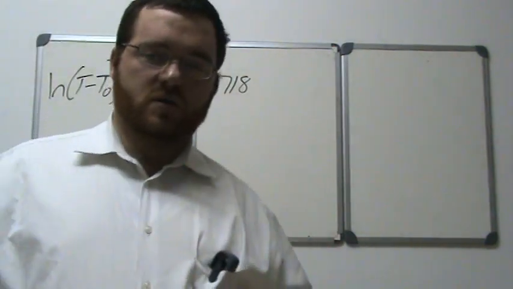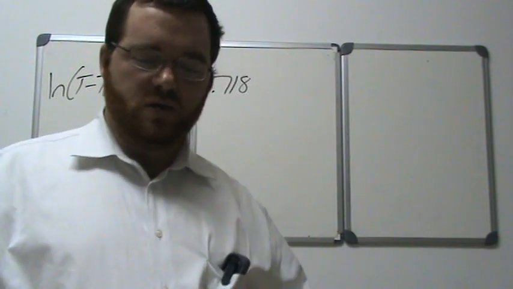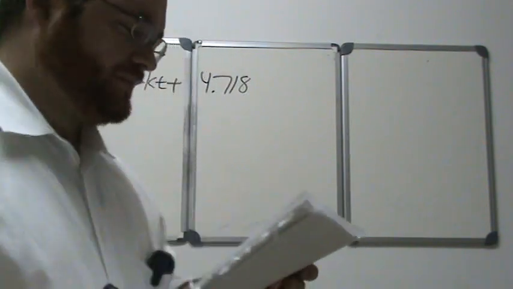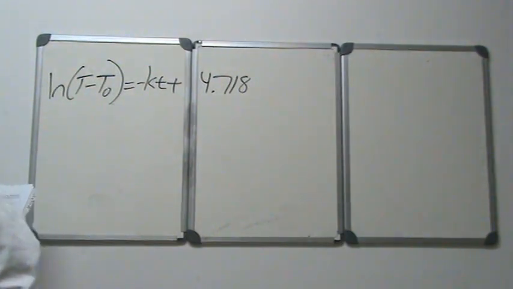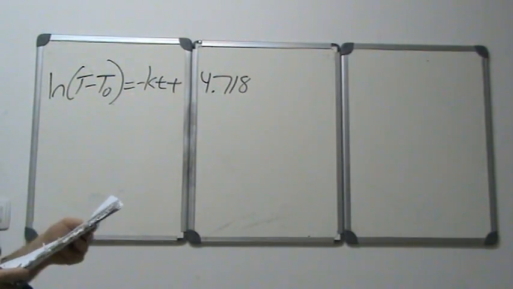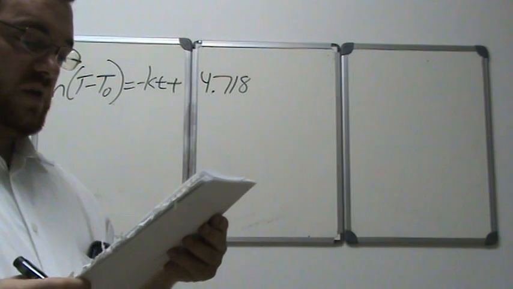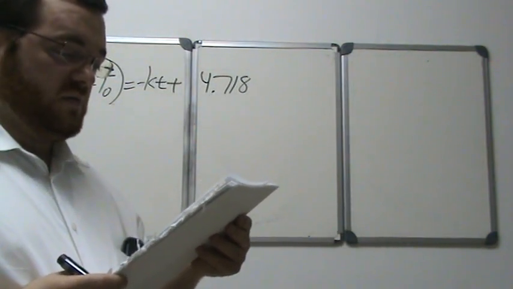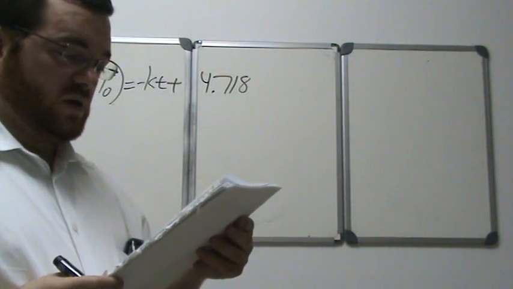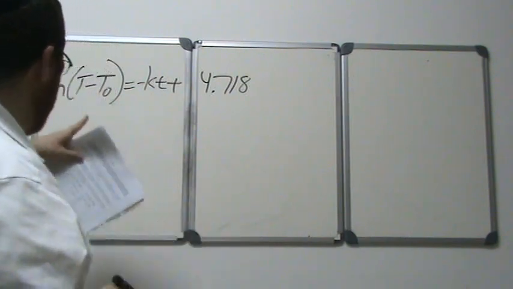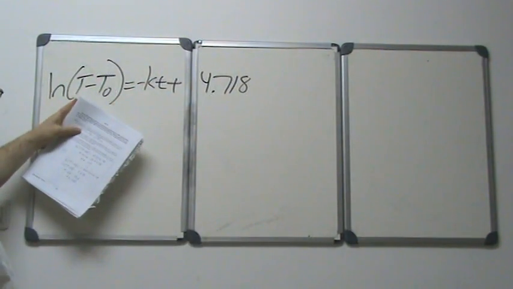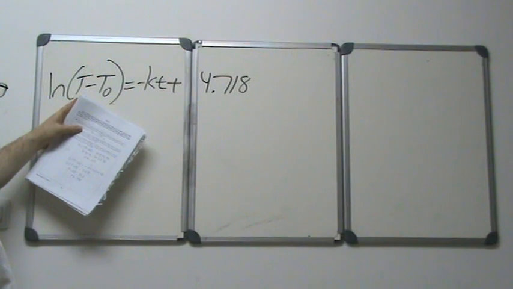Now, let's plug into the equation what we know, before we read any further. The temperature T of a given cup of hot chocolate after it has been cooling for t minutes can be modeled by the equation. So the first T is the temperature of the hot chocolate.